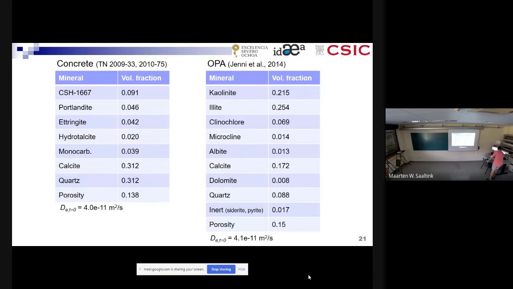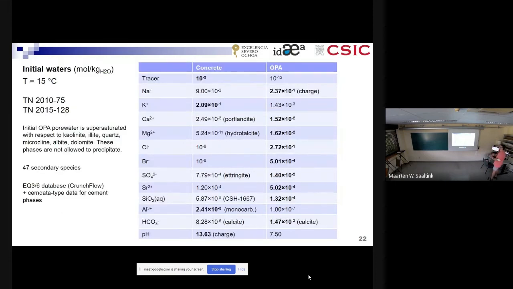Right, so another important component is the initial pore water composition, again basically from literature and also due to available constraints and calculations. So we have different components, concrete and Opalinus Clay pore water.